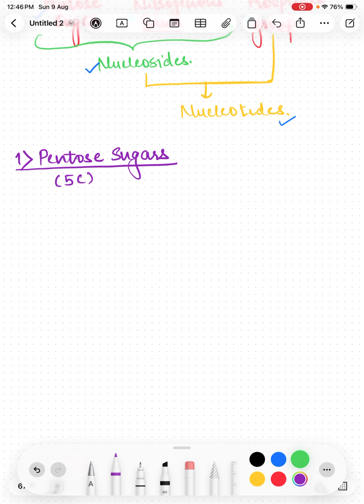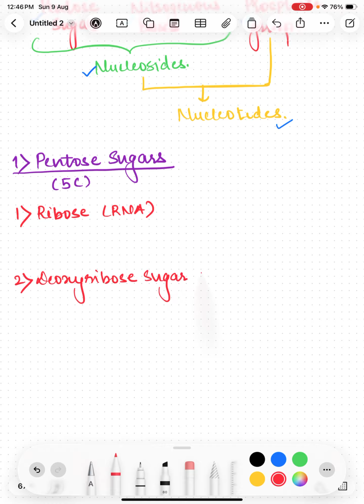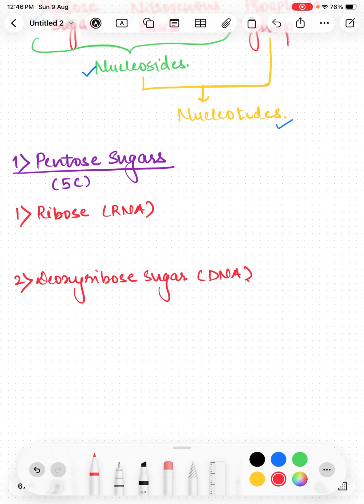So usually there are two types of sugars. First one is ribose sugar, which is usually present in RNA, and second one is deoxyribose sugar, which is present in DNA. So let us see the structure of these pentose sugars.